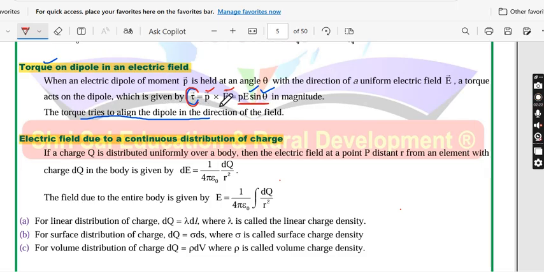So in an easy way, I am going to tell you: suppose some electric field is present, so let us consider some field lines.